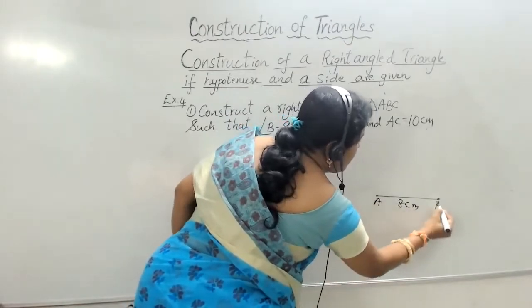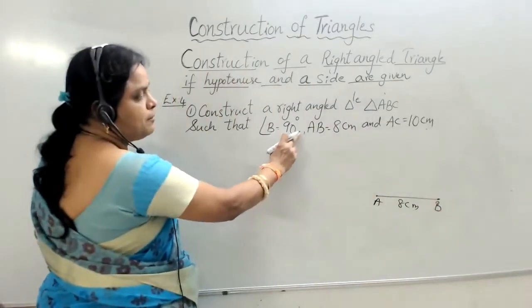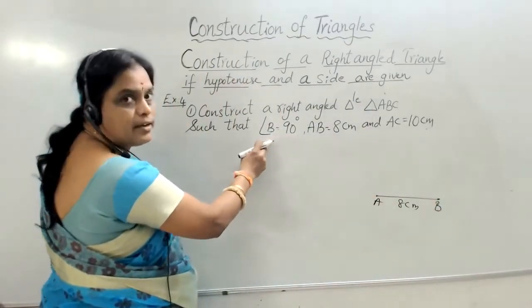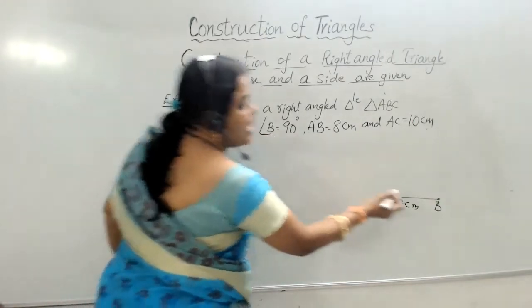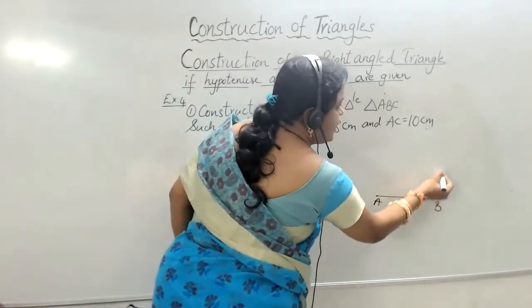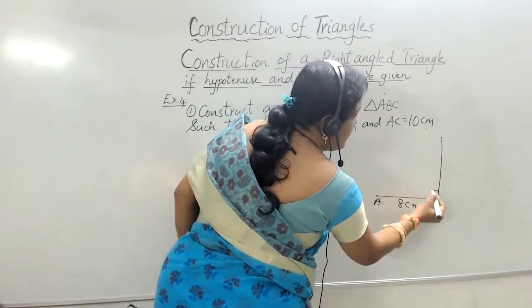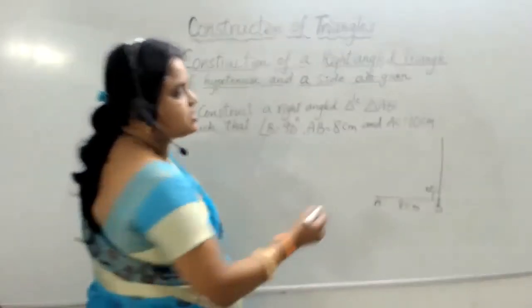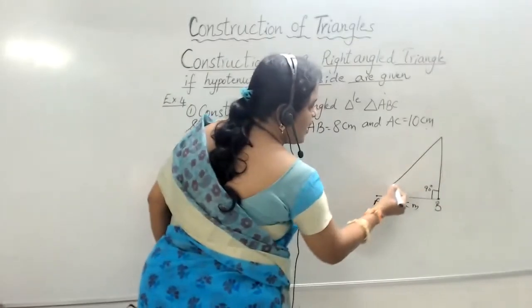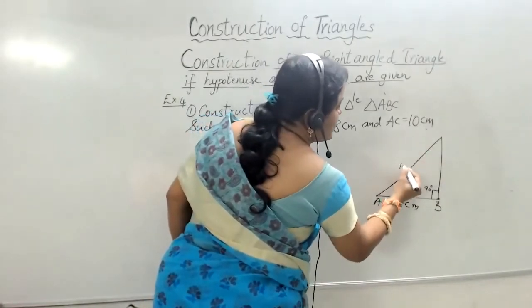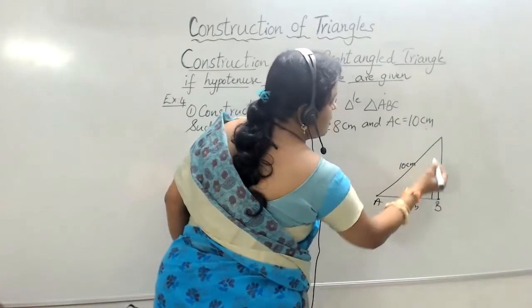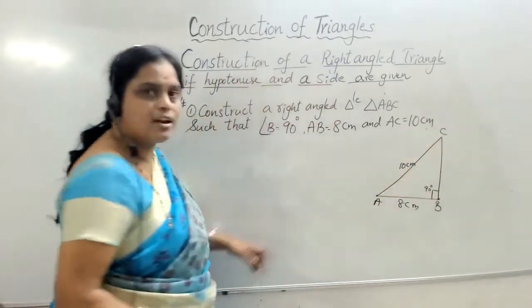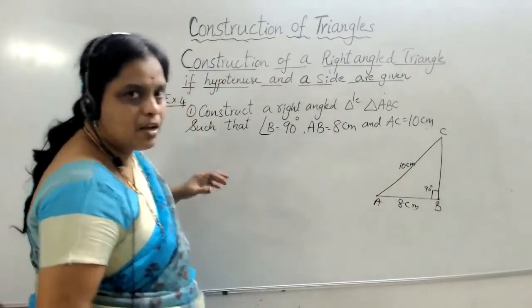Right angle at B, so we have to make a right angle at B, which is 90 degrees, and AC is 10 centimeters. The hypotenuse AC is given as 10 centimeters. This is the rough sketch or rough figure.